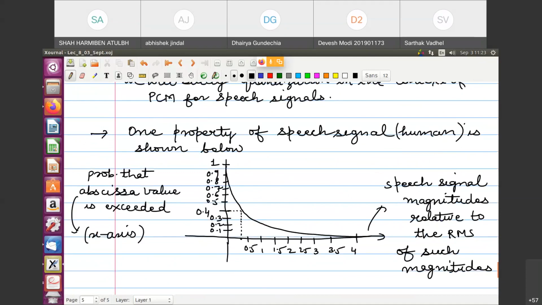So the probability is very high for lower values. And as soon as you get above the RMS value, where the RMS value and the original value are the same, afterwards it falls sharply. Okay, so it simply implies that most of the time the speech signal is of low value.